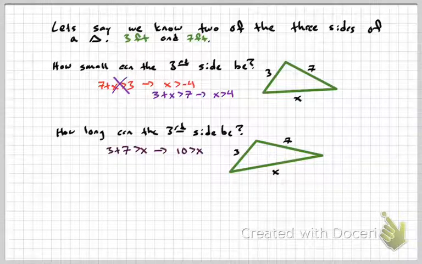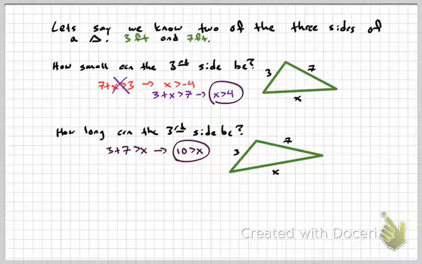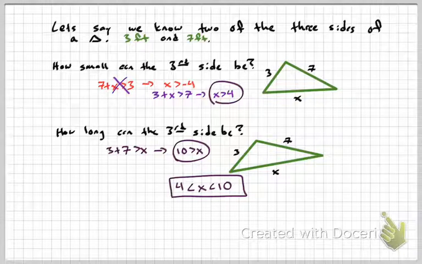And what we do is we combine these two values to make an inequality statement. So x has to be greater than 4, but less than 10. And that's the range of our third side of our triangle if we know that the two sides are 3 and 7.